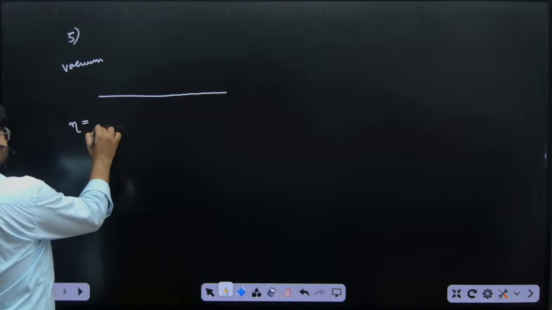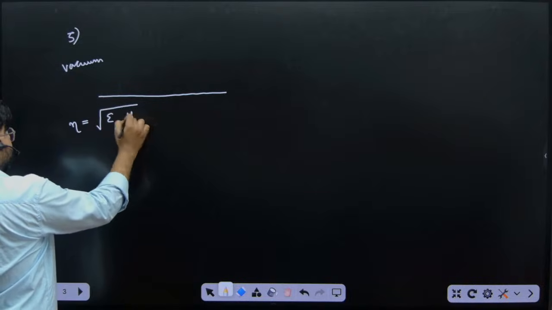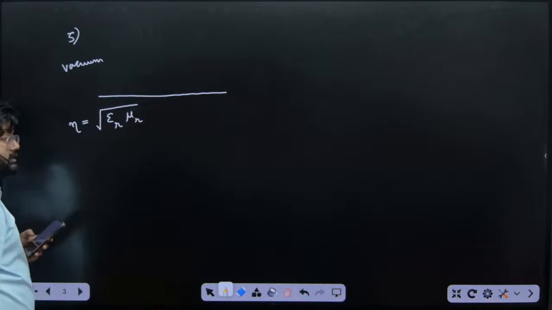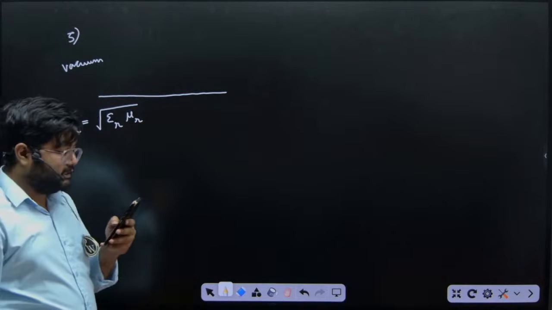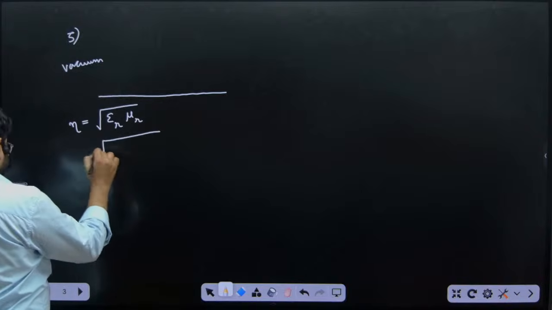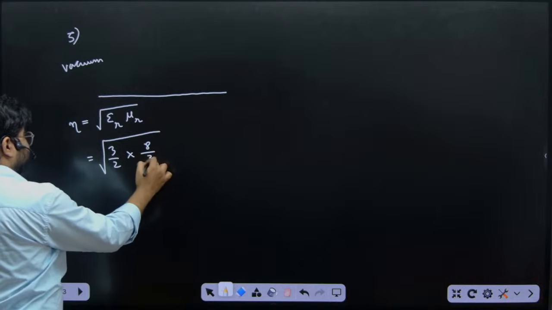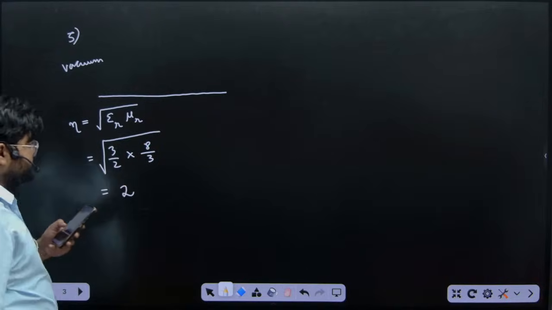So we know this formula: the refractive index is root of epsilon r into mu r. So let us first find the refractive index. This is 3 by 2 and this is 8 by 3. So this comes out as 2.